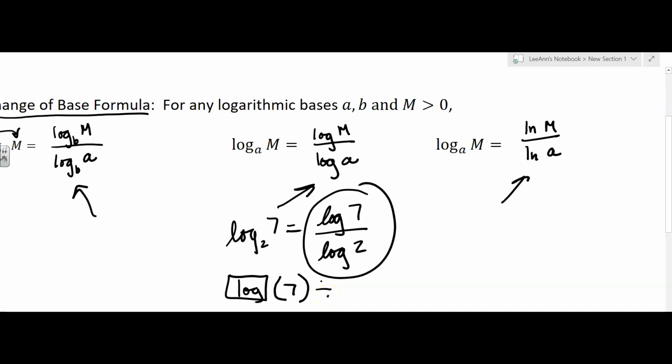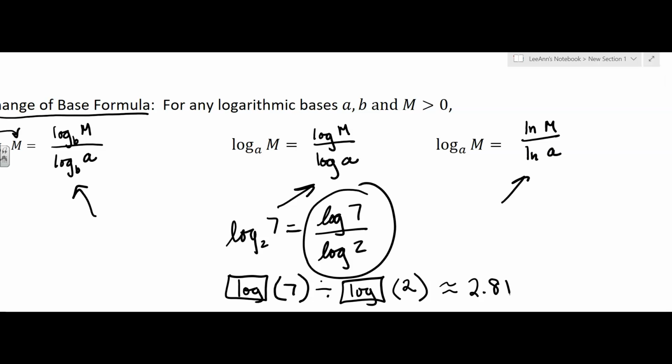So let me do that. 7, close the parenthesis, divide, and now I'm going to hit the log button again. Again, it's a common log. So log, it opens a parenthesis, so I'm going to put 2, and then I'm going to close the parenthesis. And then I hit enter. And I get approximately 2.81, looks like, if I go 2 decimal places.